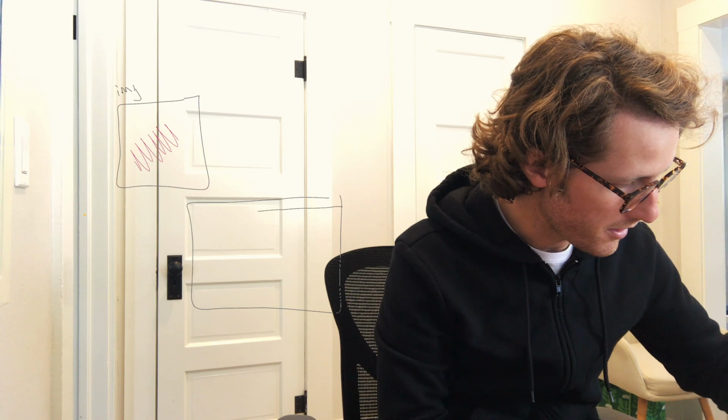Let me draw this out here. So we have an image. Here's our image. It has some watercolory stuff in here. And then we have our processing window, like that.